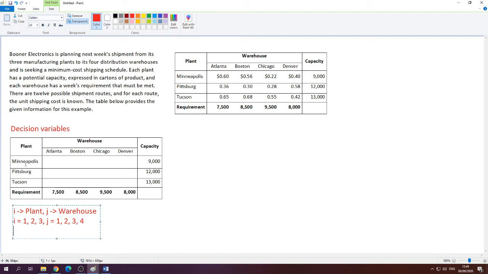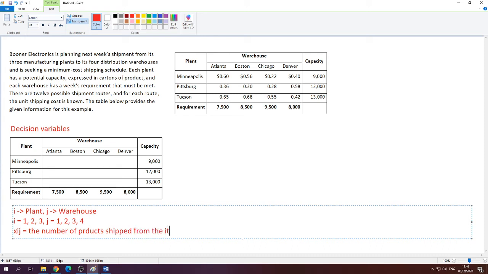Our decision variable is xij, and xij means the number of products shipped from the ith plant to the jth warehouse.